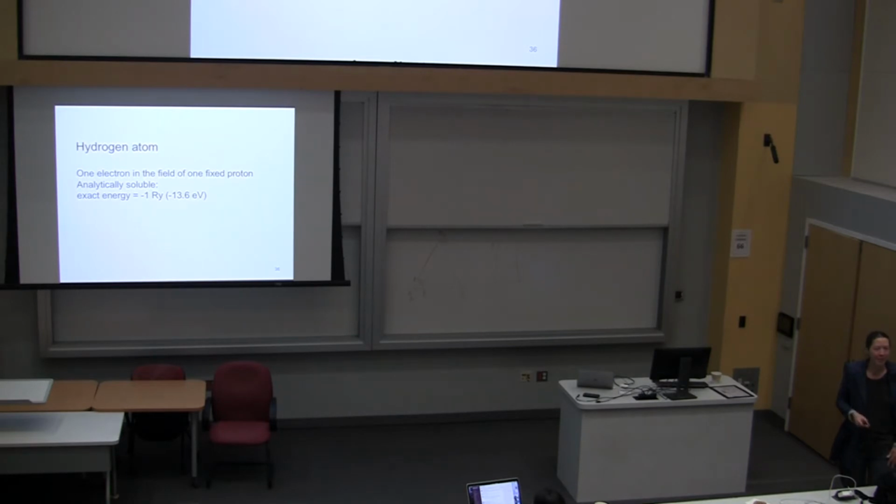Suppose I solve it with the framework that I just described, with my black box. You'd think I would get minus 13.6 eV. But I don't. I get minus 8.1. And that's because the self-interaction cancellation is not exact.